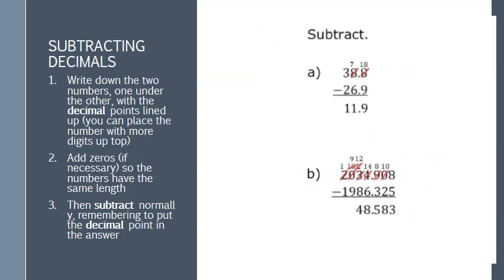Same thing, you want to make sure your decimals are aligned, and you want to practice your borrowing. If you are still struggling a little bit with the borrowing, just review B, do it on a piece of paper 3 or 4 times, and the more practice that you get, the better. Because sometimes on tests, whether it's standardized or not, they may ask you to subtract without giving you the option of using a calculator.